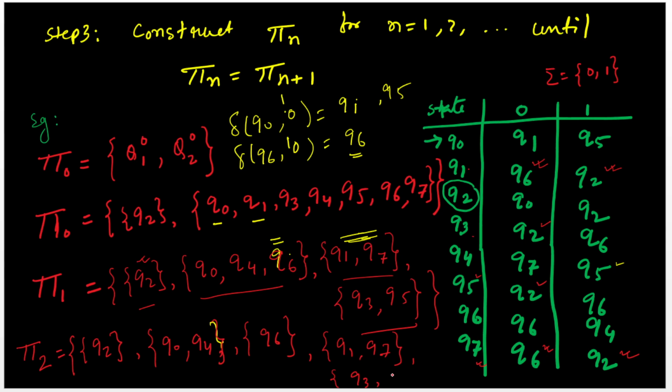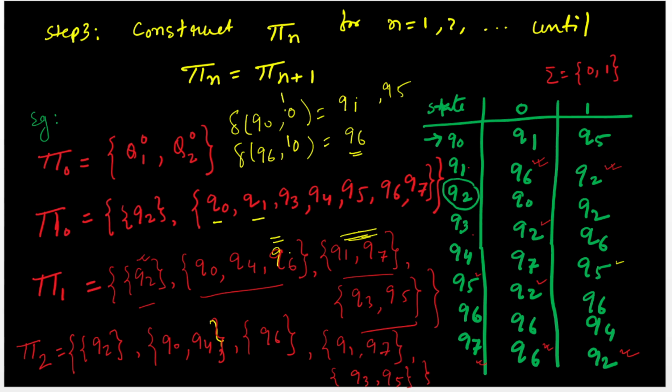So Q3 and Q5 are in the same equivalent class of pi 2. Right? Now we have obtained the pi 2 equivalent classes and we have to further proceed.